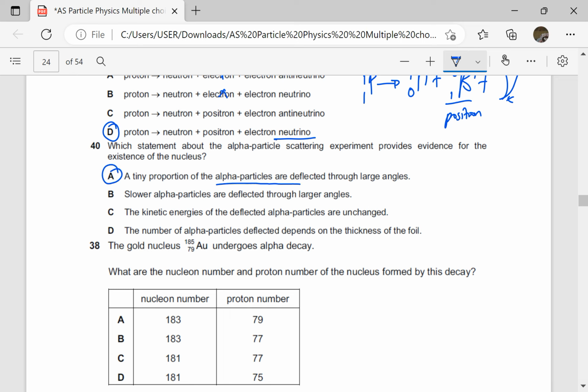The answer is going to be A. Slower alpha particles are deflected through large angles, that cannot be possible. The kinetic energies of the deflected alpha particles are unchanged, this cannot give that conclusion. It does not provide evidence for the nucleus. The number of alpha particles deflected depends on the thickness of the foil, this one does not give evidence of the existence of the nucleus.